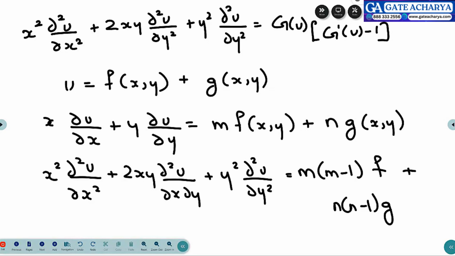This g is a function, okay? If you want, write like this. This is what Euler's theorem is all about. These are the statements and their corollaries.